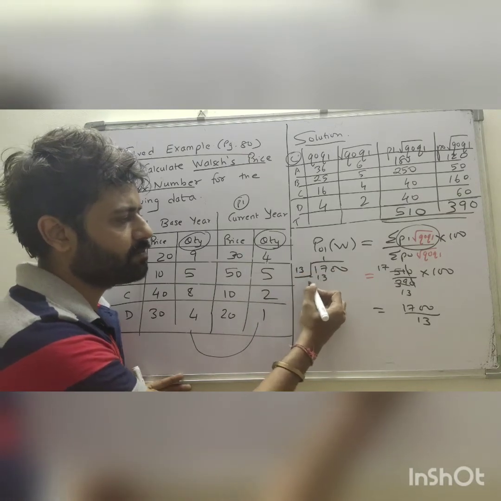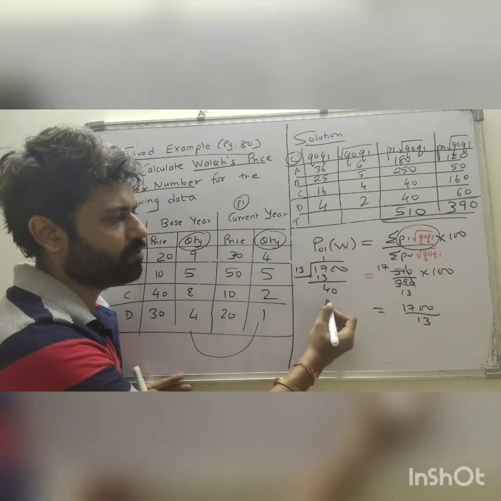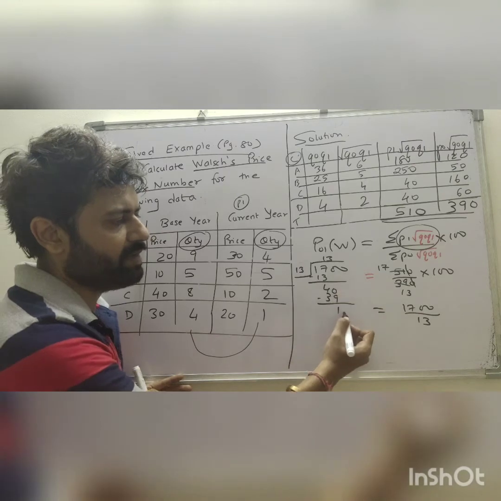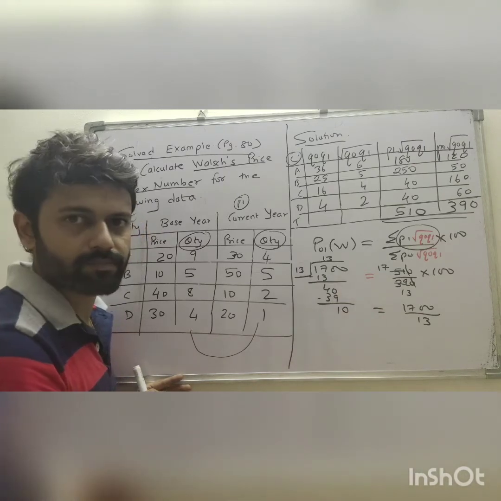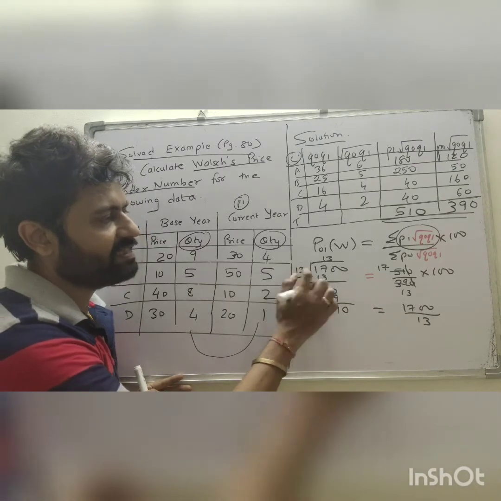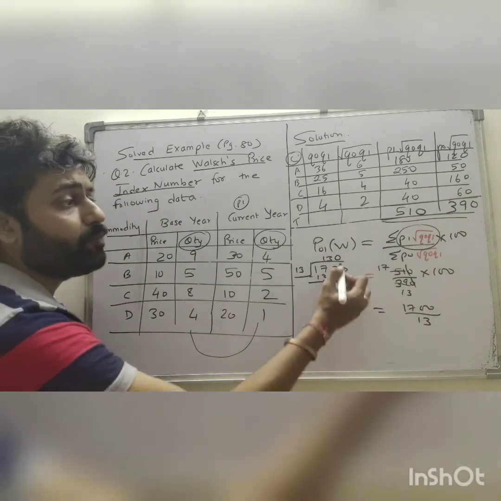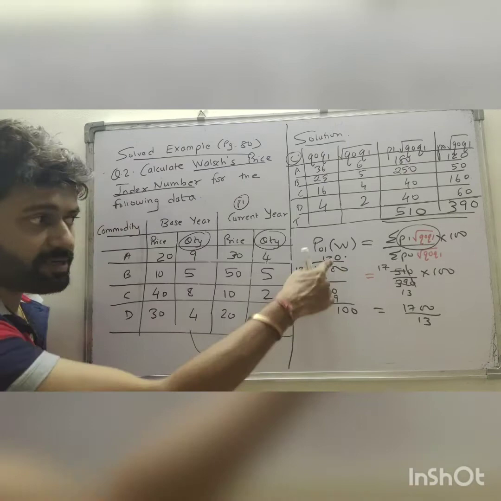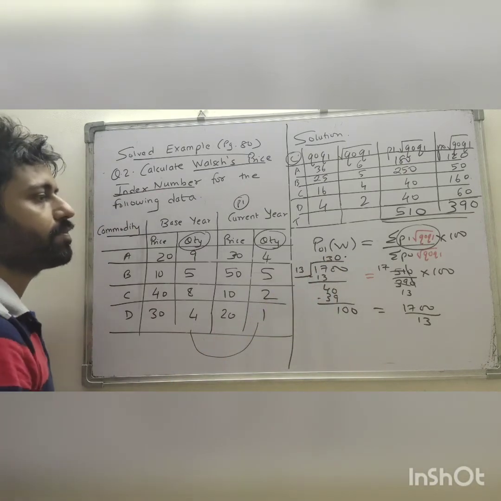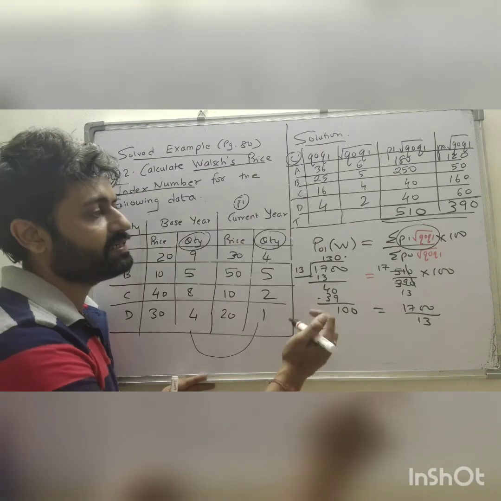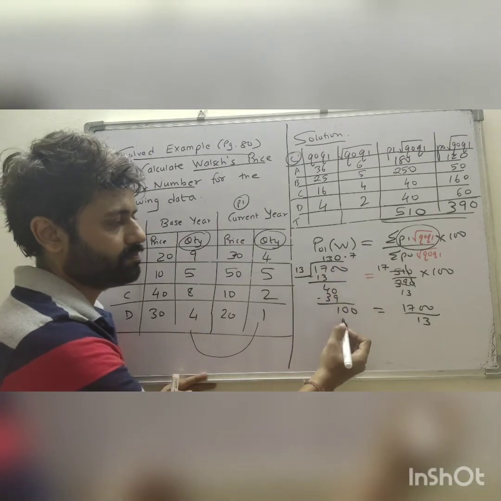13 ones are 13, the remainder is 4, 0. 13 threes are 39, remainder is 1. Bring down the 0. This number is less than 13, so we put a 0. After that we put a decimal and we can start further. Remember this 0. 13 6s are 78. 13 7s are 91.